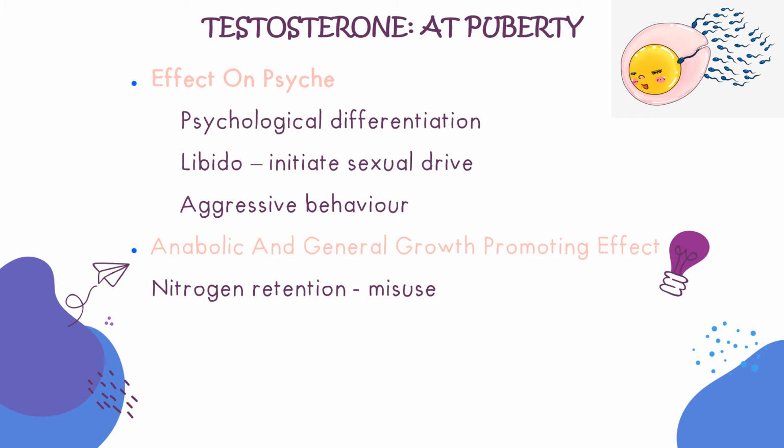So the muscle mass increase at puberty is one of the important features of the male, right? So this action of the testosterone leads to the misuse of synthetic androgens by athletes and bodybuilders to simply improve their muscle mass.